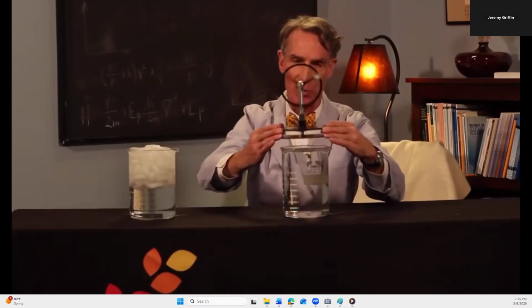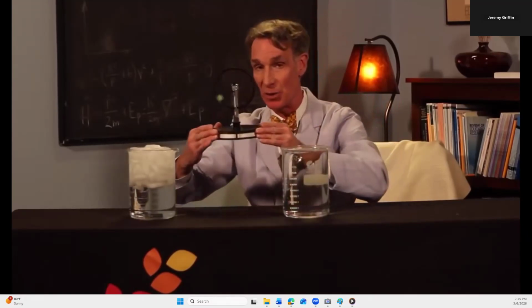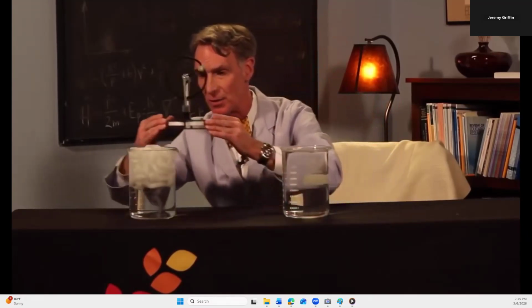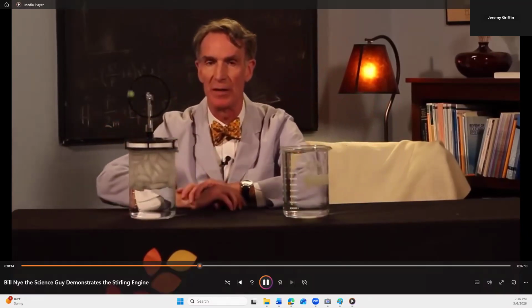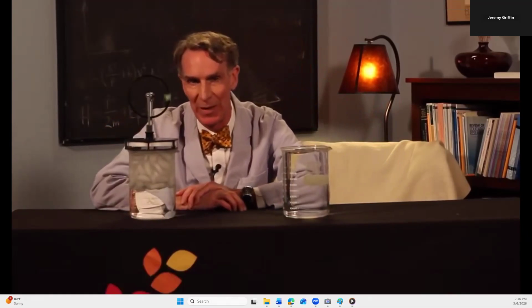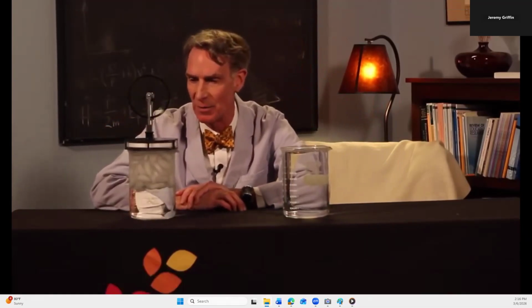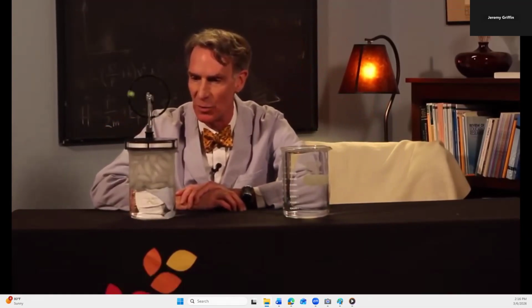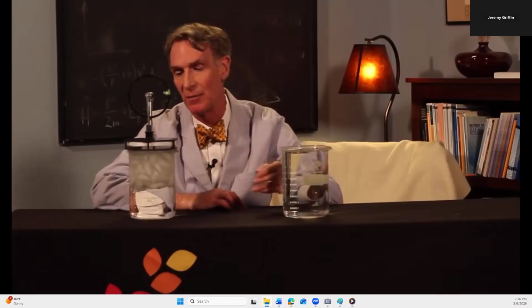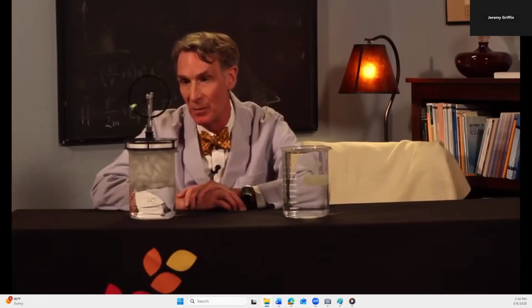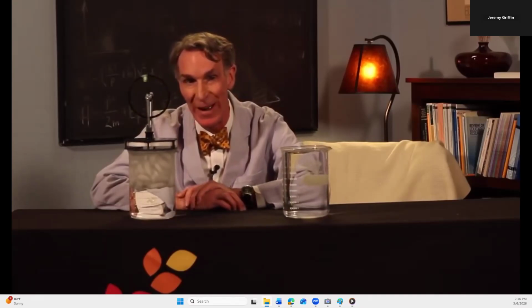Now watch what happens when we take the same Stirling engine running clockwise and put it on another beaker, but this one's full of ice water. In just a few seconds, the Stirling engine will slow down because it's lost its source of heat from the bottom. But now it will run the other way from the ice.